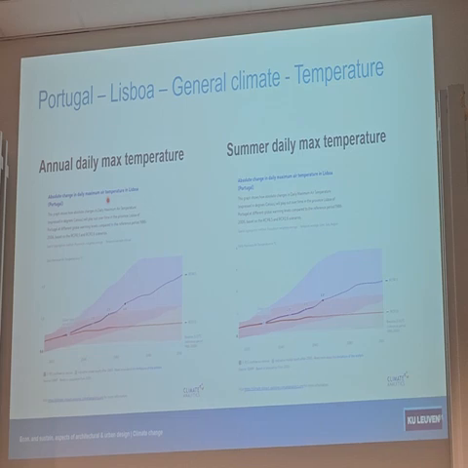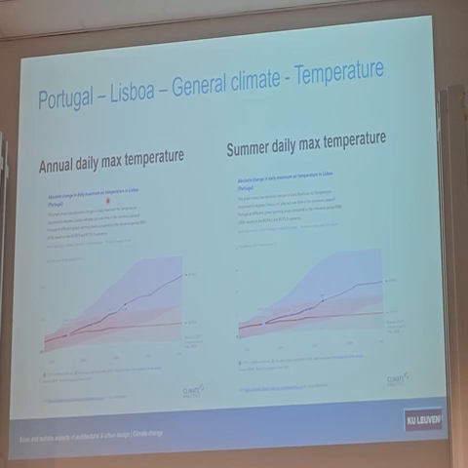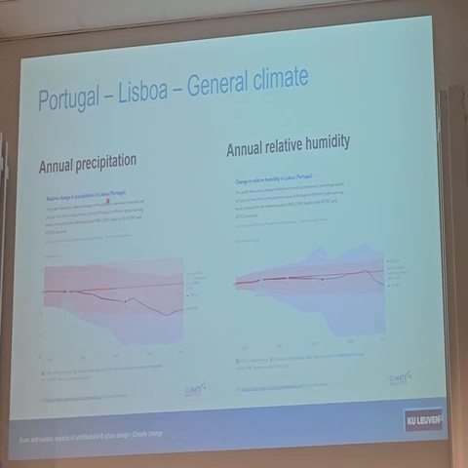We could also look at daily max temperatures on annual level and then compare it to the summer daily max temperature, to see if seasonal aspects play a role, and how summer, which of course differs depending on the location you are at, might be impacted. I'll go a bit quicker over these so that we can get to the part of the assignment.